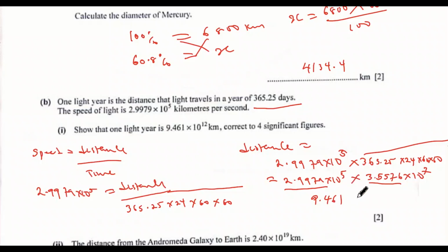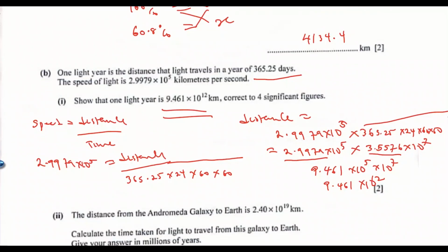Then we are left with times 10 to the power of 5 times 10 to the power of 7. So this will give you 9.461 times 10 to the power of 5 add 7. That is the multiplication law, so that will be 12. So we are able to get this.